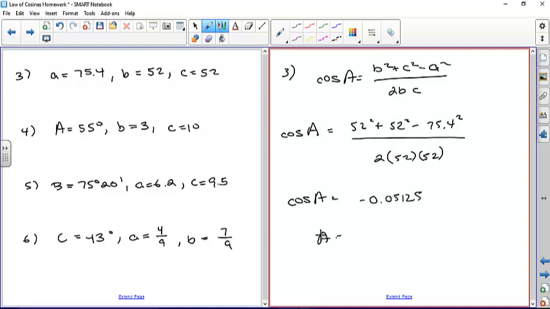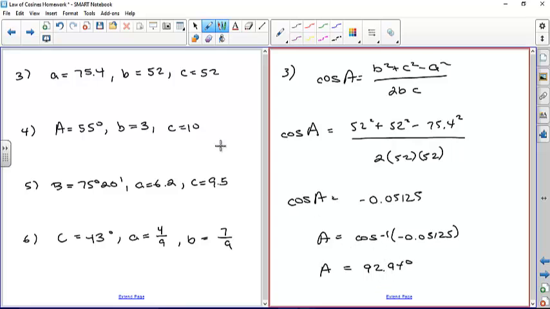So A is the inverse cosine of negative 0.05125. It's going to be very close to 90 degrees. Inverse cosine of the answer, 92.94. So that's angle A.